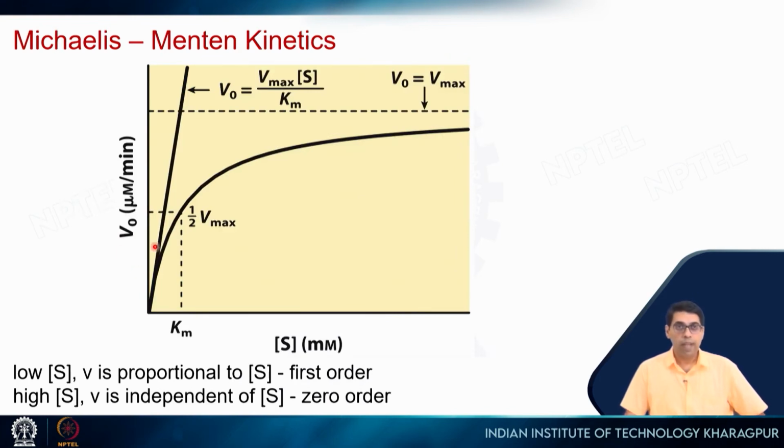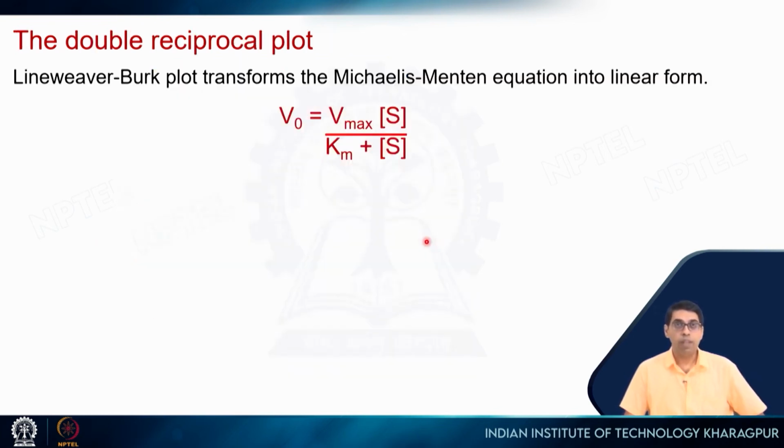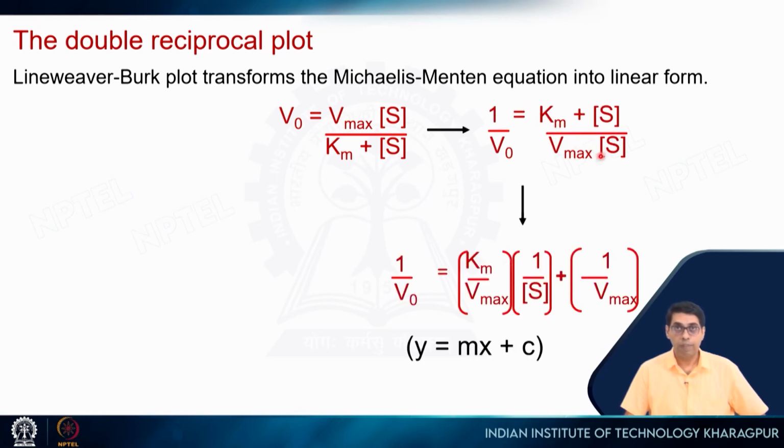Let us look back at this. We have already seen this. This is our Michaelis-Menten curve, and we have also seen that we can linearize the Michaelis-Menten equation, which was done by Lineweaver and Burk. We flip it, we invert it, and then we divide by Vmax over S. So, this is what we get: 1 by V naught equals Km by Vmax times 1 by S plus 1 by Vmax.